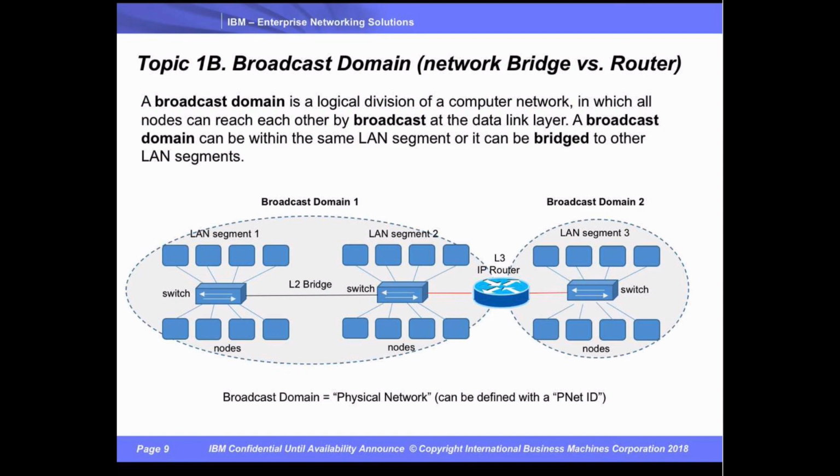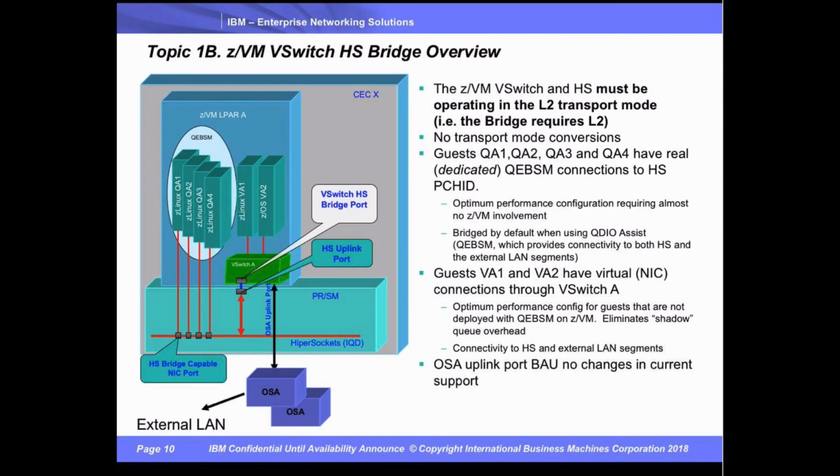Now, relative to bridges in broadcast domains, z/VM provides a way to bridge from one network to another, just as I showed you in the previous chart. In this example, z/VM shipped support several years ago, but we're going to talk about how z/OS is going to be compatible now with the bridge environment. Here you'll see a z/VM LPAR A, and it has a virtual switch, and that virtual switch has a bridge port, which will now take the network known as HiperSockets, an internal LAN in System z.